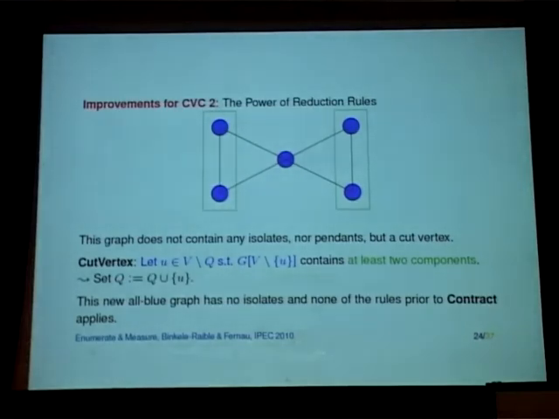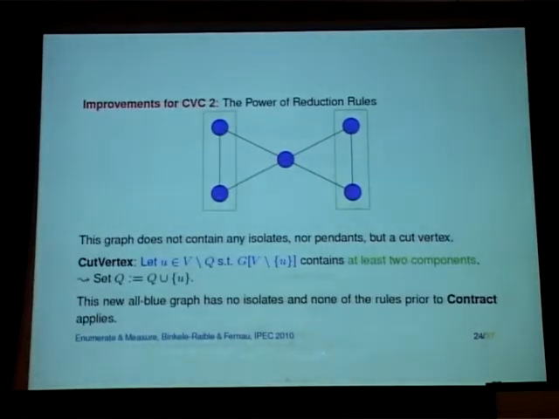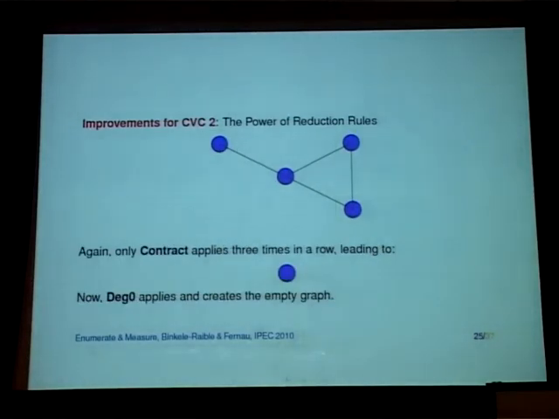Now we have this bluish graph, and we can start to apply this contract rule, which says, well, we have two neighboring vertices colored blue. We can contract them, and after 3 more times we end up with this graph, and actually the degree 2 rule creates the empty graph.